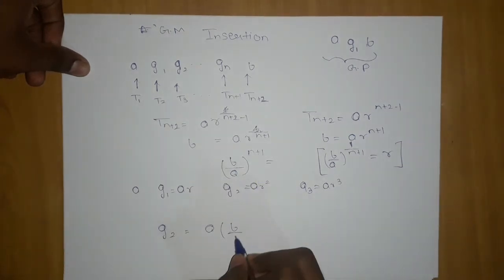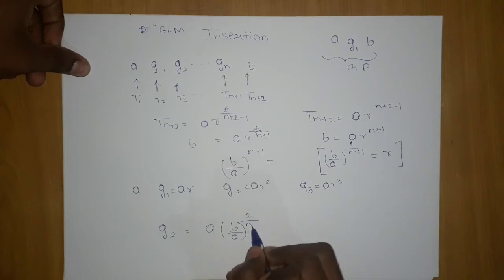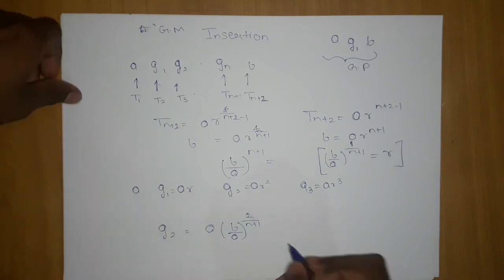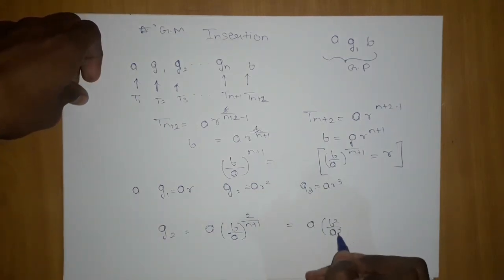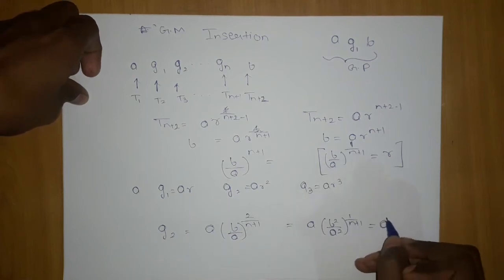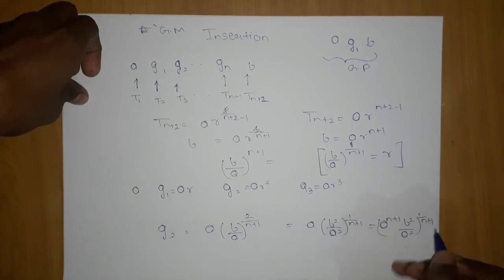R is b by a, and this is to the power 2, so 2 by n plus 1. Further, we can write a into b square upon a square, to the power 1 by n plus 1, and if I bring this inside, n plus 1 into b square upon a square, this will be 1 upon n plus 1.